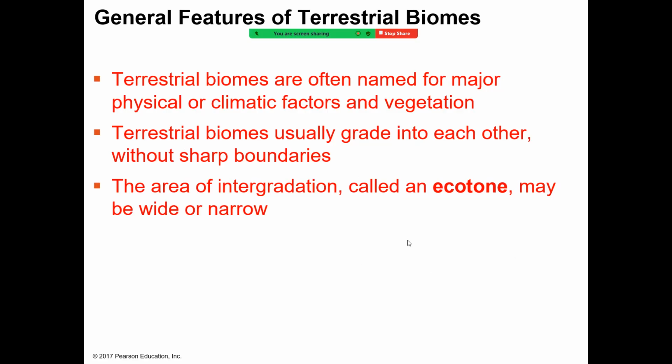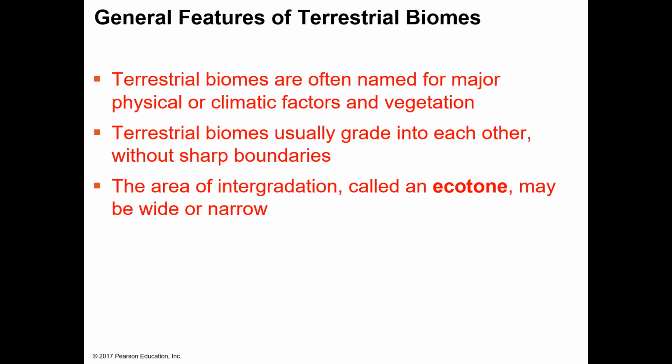So some general features of terrestrial biomes. Terrestrial biomes are often named for their major physical or climatic factors in vegetation. They usually grade into each other, so that means that there are not sharp boundaries between them. It's not some dividing line where we say, now you are entering a savanna or a temperate grassland, right?